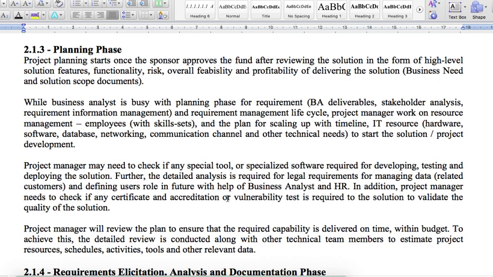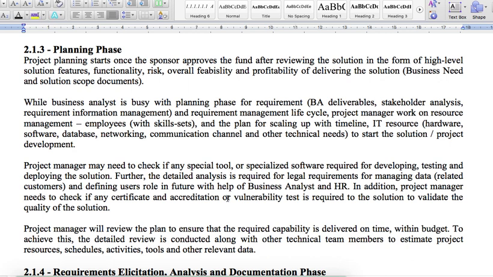Yes, well, PMP is part of it, but the project manager's planning is slightly different from the business analyst's planning, because the business analyst is primarily focusing on requirement-related planning, and the project manager is also involved in planning the resources, the technology and other infrastructure-related requirements.